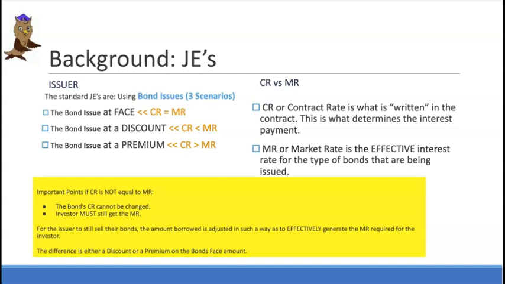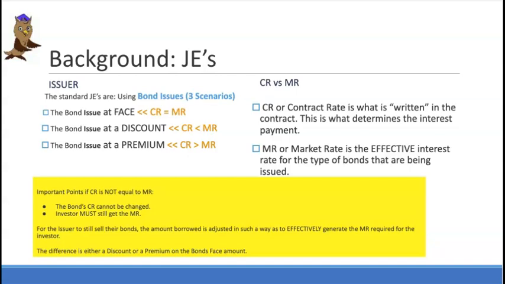If the CR is less than the MR, then the bonds will be issued at a discount. Finally, if the CR is in excess of the MR, the bonds will be issued at a premium. Now, the discount or premium is the difference between what the bond contract says the borrowing should be and what the actual amount borrowed will be.